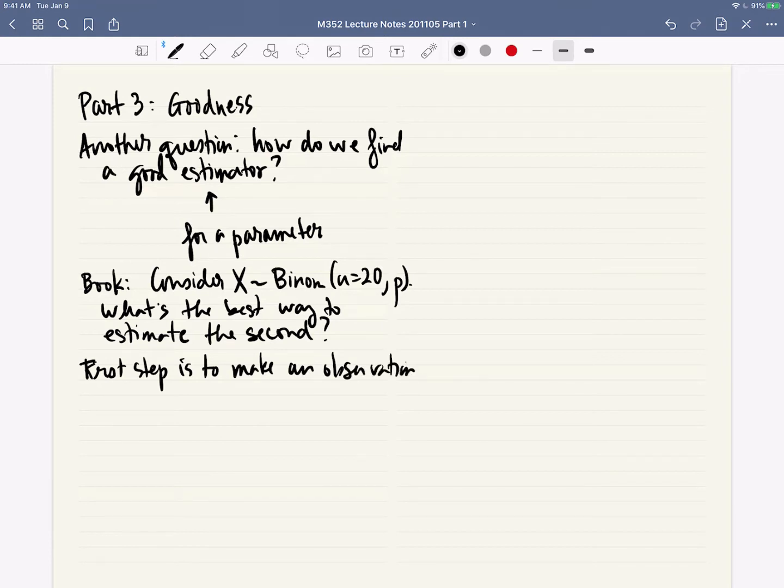So that means x is a random variable, so let's just see what value it would give us after an experiment. And so let's take the possibility that x is 4, right? Our x is a binomial where the number of Bernoulli trials is 20 with probability of success p, so it's possible we could have 4 successes.